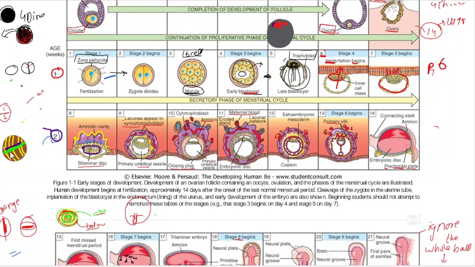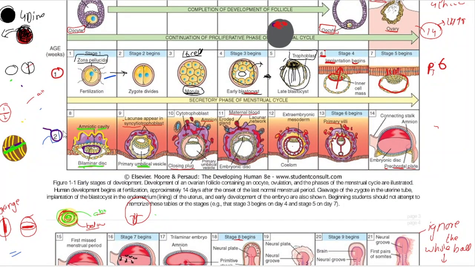One is above the bilaminar disc. This is called the bilaminar disc. The inner cell mass converts into the bilaminar disc. The space above the disc is called the amniotic cavity, amniotic space, and the space below the disc is called the umbilical vesicle.